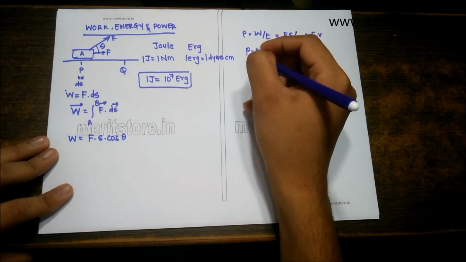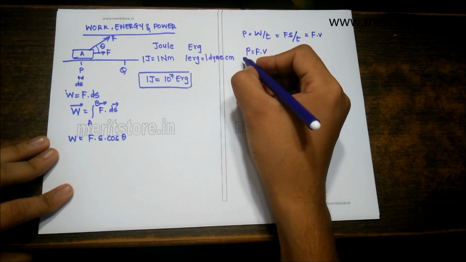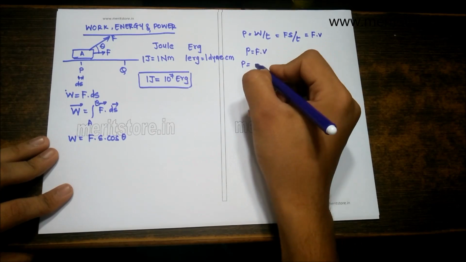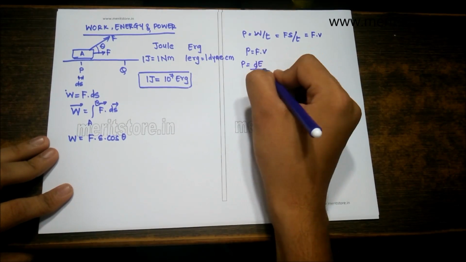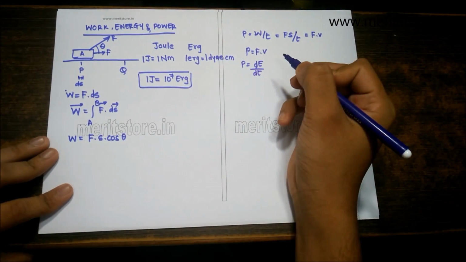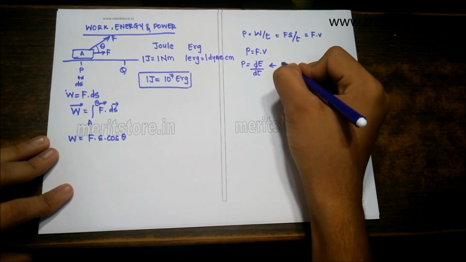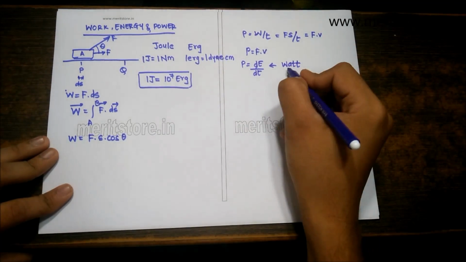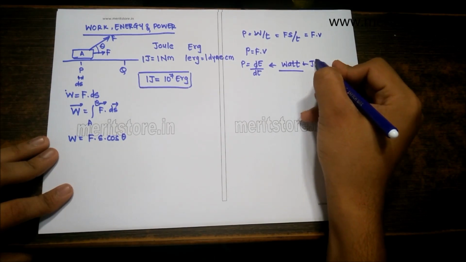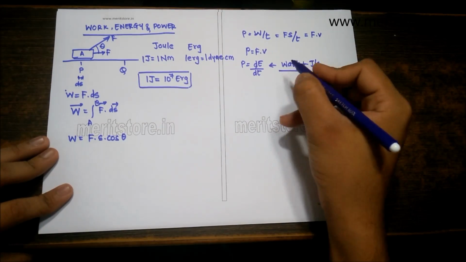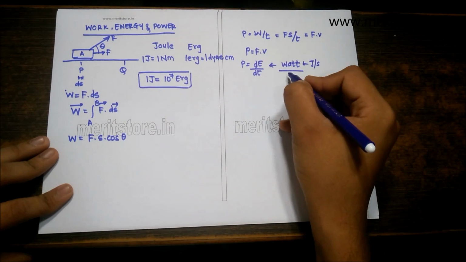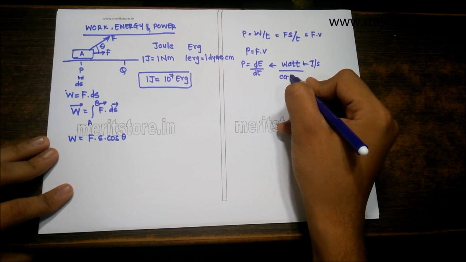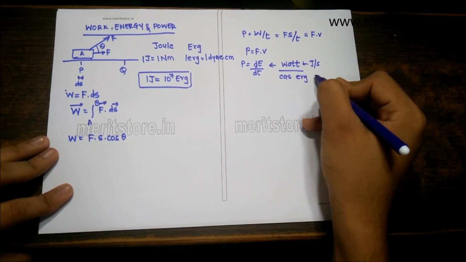So power in terms of instantaneous values, P is equal to dE by dt. And the unit of power is watt, which is basically joule per second, and the CGS unit is erg per second.